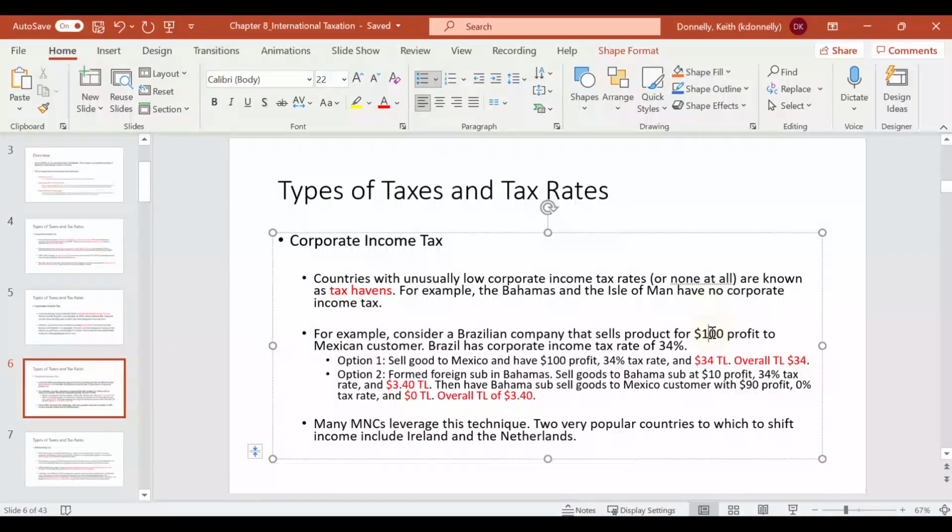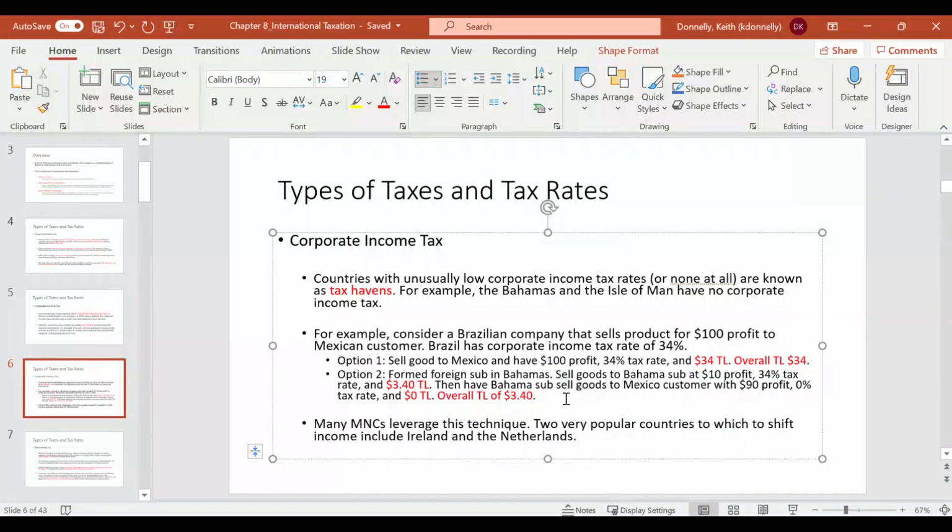It's going to generate $100 of profits, and there's going to be a 34% tax rate in Brazil. Option 1 here is just to follow this configuration: Brazil sells to Mexico, has a $100 profit, 34% tax rate, 34 tax liability. Overall, 34 tax liability.